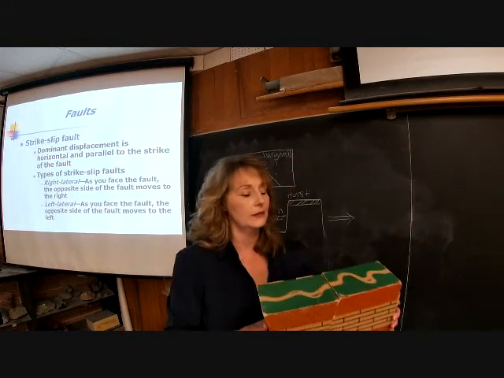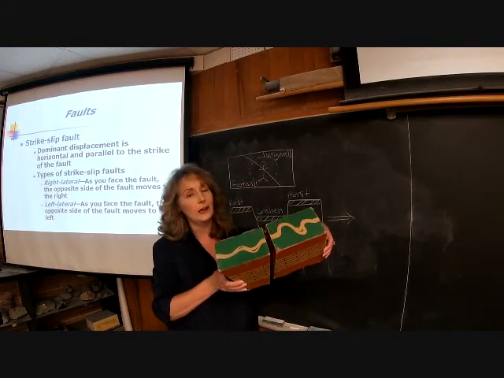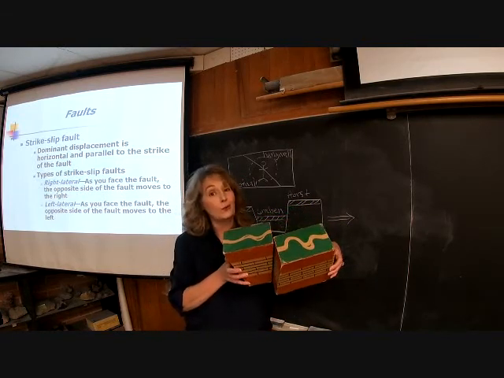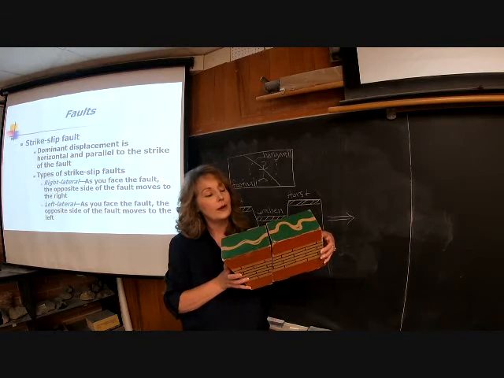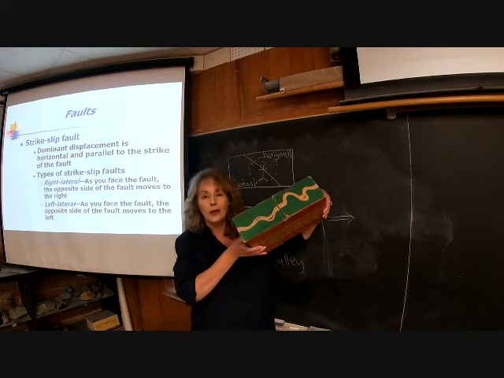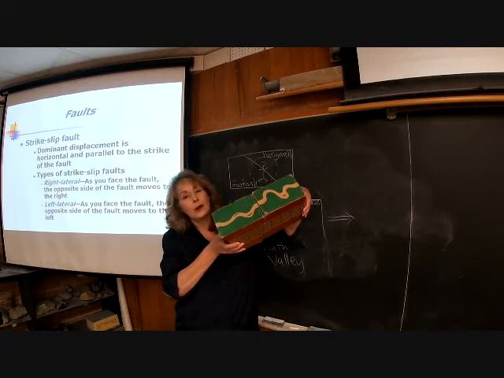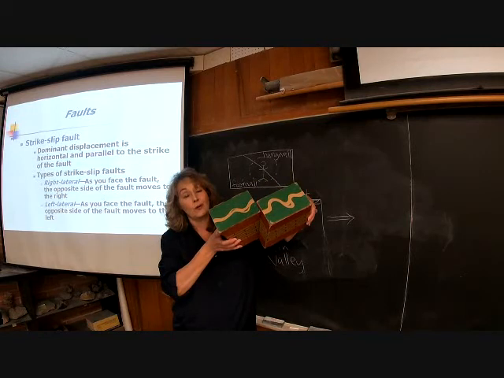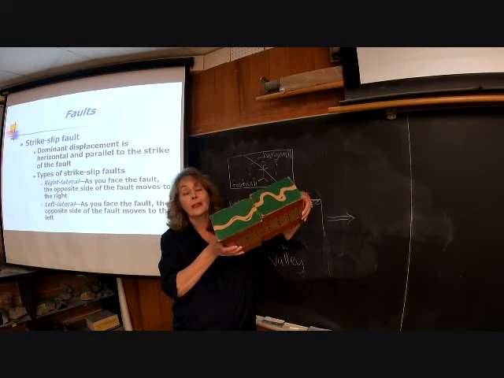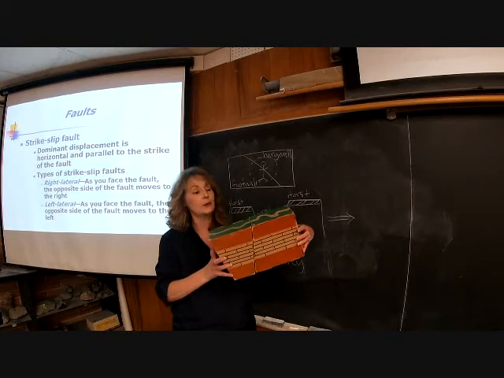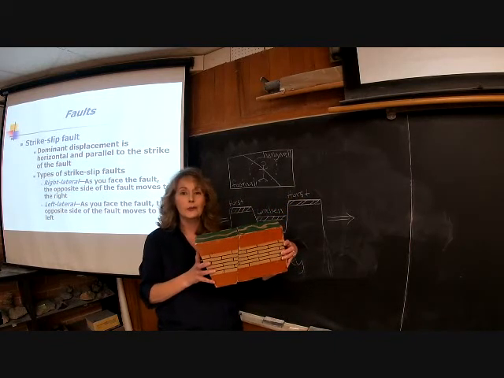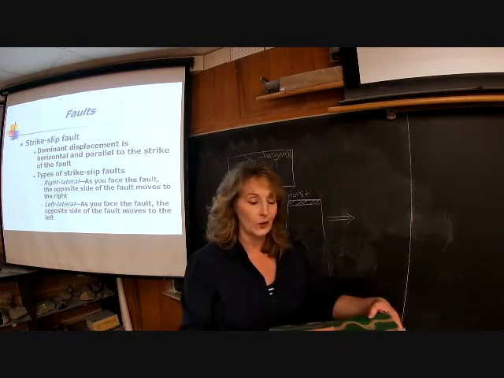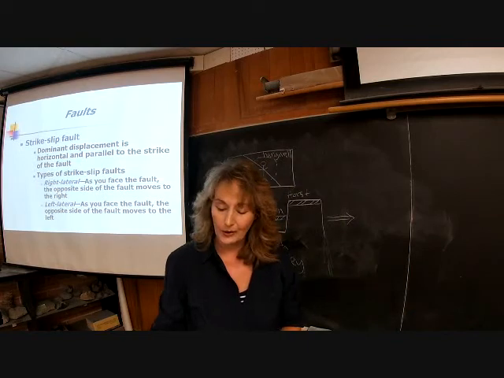So I've got, looking from the top here, a little fault line, a little break in there. But this time it's going to be more of a horizontal motion. And so my little stream that's going through the middle of this, if I either go to the right or I go to the left, but laterally, okay, so in a horizontal fashion is the motion here with a strike slip, okay, and so we would call it a right lateral strike slip or left lateral strike slip, depending on which way the motion was, and kind of the way we figure those out.